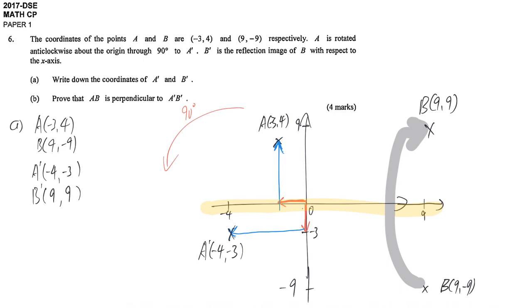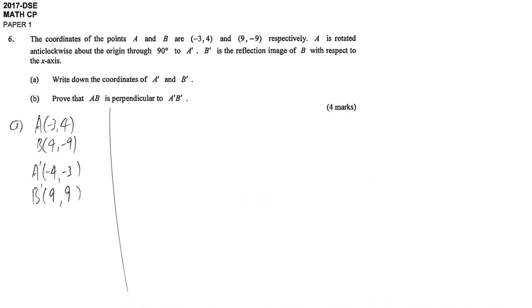After that, we have to prove the line AB is perpendicular to A prime B prime. The graph here is not good enough to analyze this because 4 and 9 is not that close. So we just focus on the calculation. We have to consider the slope AB, and also we consider the slope of A prime B prime.